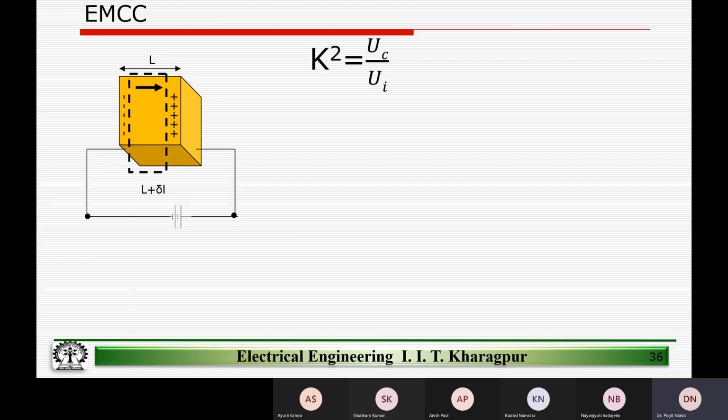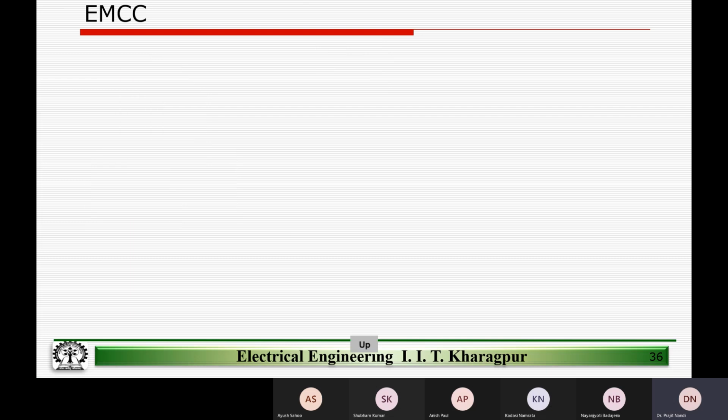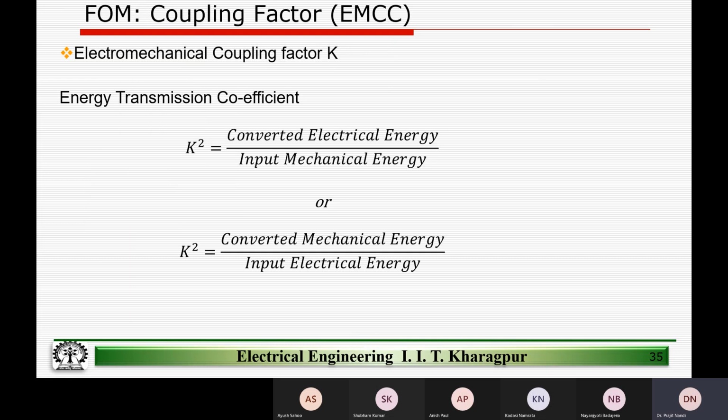So that we discussed, right? And more importantly, I introduced to you the concept of figure of merit because you will come across this in the industry for any design or any system that you develop or make, right?